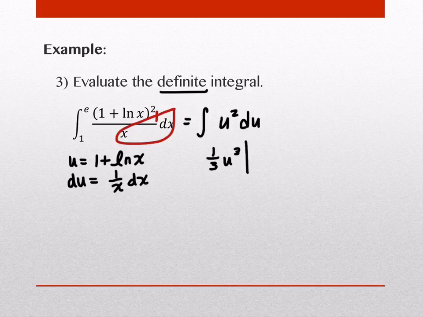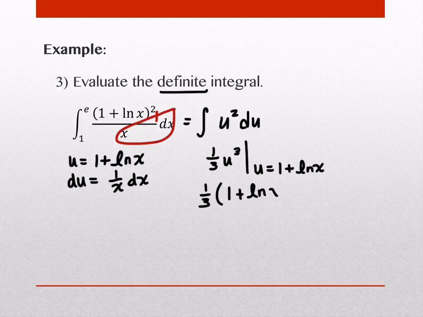But we do want to take this back to what u is. U is supposed to be 1 plus the natural log of x. So instead of having the u cubed here, I'm going to have 1 plus the natural log of x, cubed. And then I can do my evaluation at the original values. e is on top, 1 is on bottom.